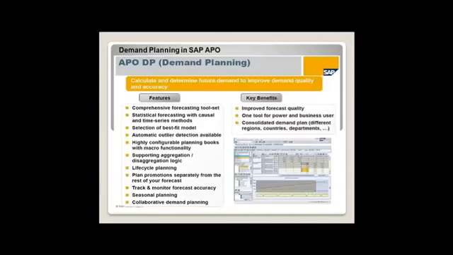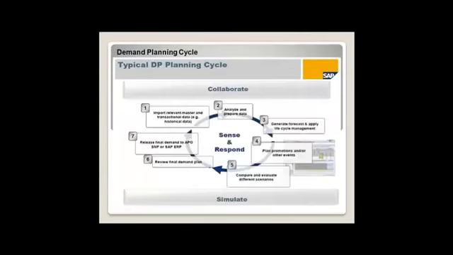We can give change access or display access, however they want. So tight authorizations are going to be controlled so that we can also give the guarantee for non-manipulation of the data. So these are the advantages in this APO demand planning.